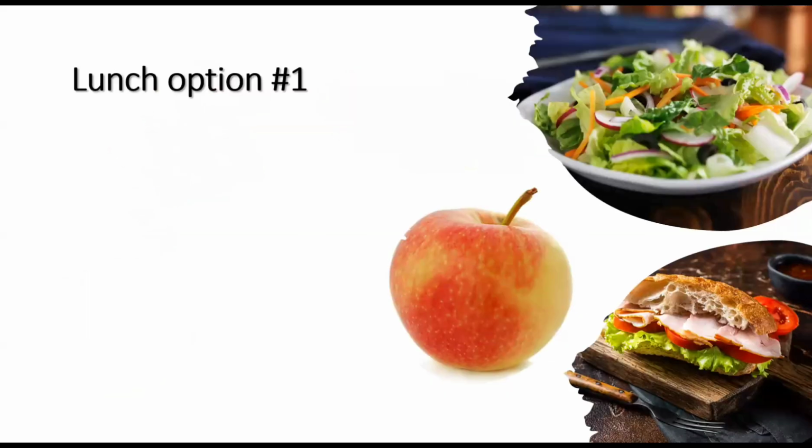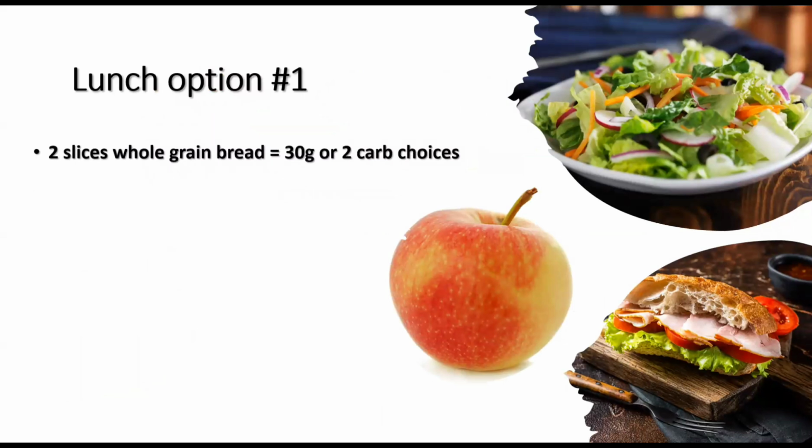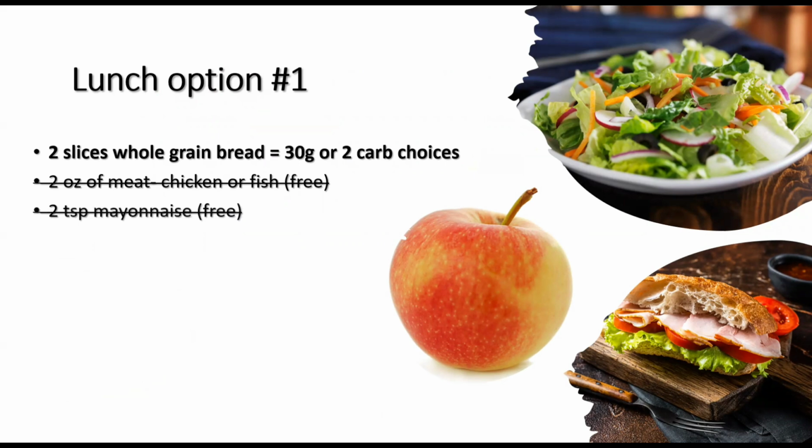Next, let's explore some lunch options. For the first example, we have a small sandwich with a garden salad and an apple. Let's break it down. We have 2 slices of whole grain bread, which is about 30 grams of carbohydrates or 2 carb choices, 2 ounces of meat, chicken or fish, or a plant-based option, which has no carbohydrates, 2 teaspoons of mayonnaise, no carbohydrate, this is a fat.